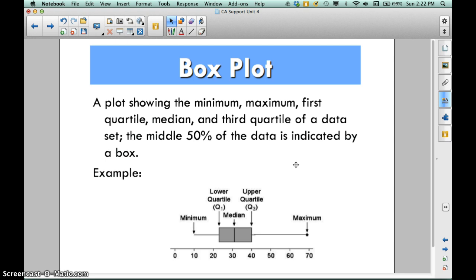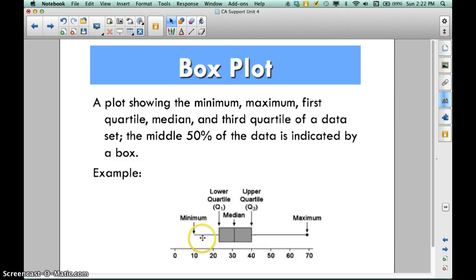In the meantime, let's just look at the way this box plot appears, because you will be making them as well. The middle 50% of the data is indicated by the box. So 50% of the data lies in here.